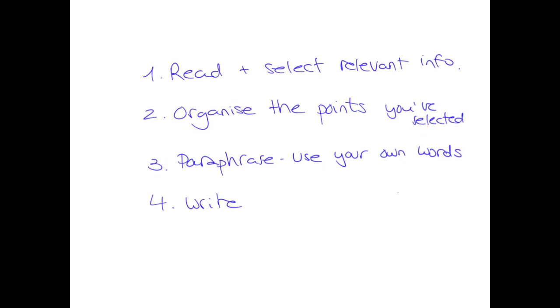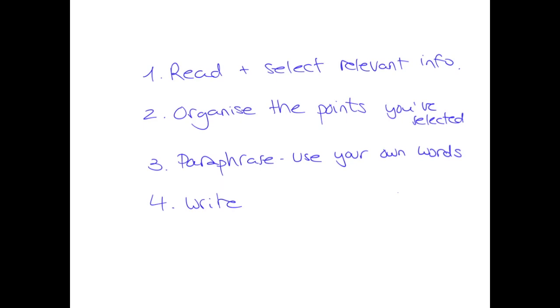Then the third step is to try and find a different way to express those ideas, to use your own words, or the technical word, paraphrase. You have to paraphrase maybe because the original text was too difficult for your friend to understand, maybe because they used very complicated language, or maybe because it's a way of summarizing, of making your text shorter, or maybe explaining something.